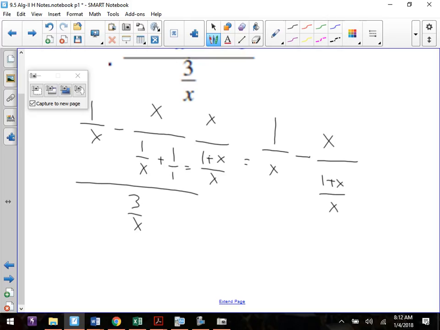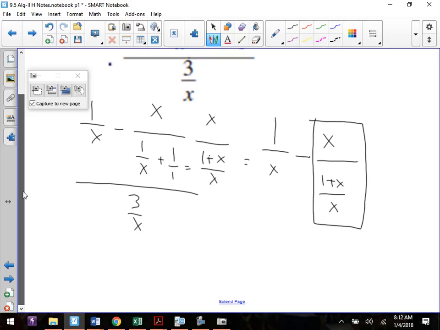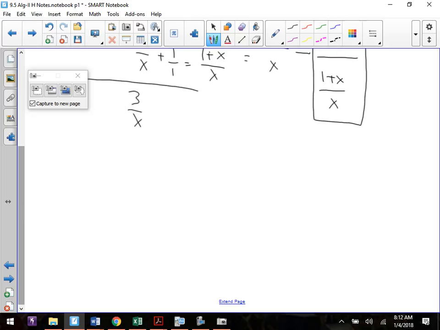Now, it's just procedural. Now, if I'm looking at just this, isn't that, let me move this up here, it was x.